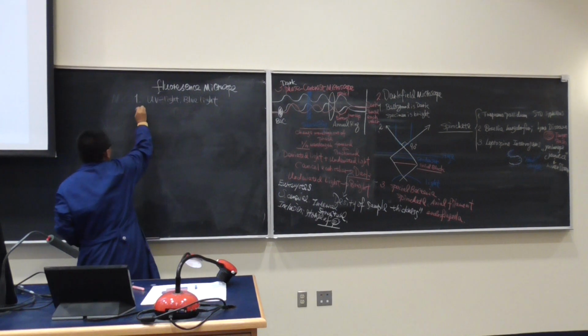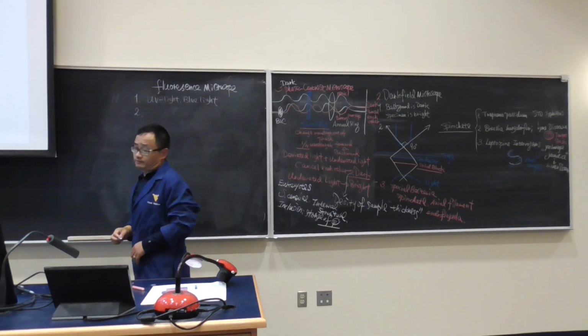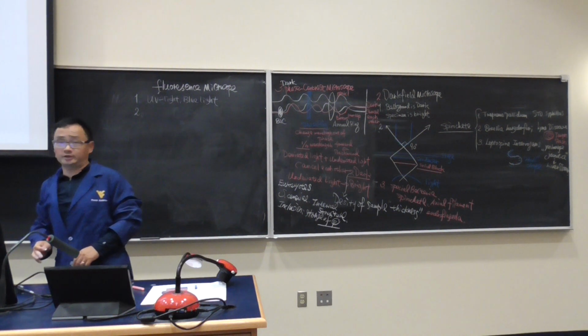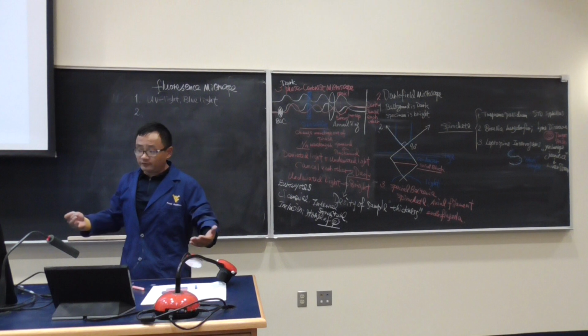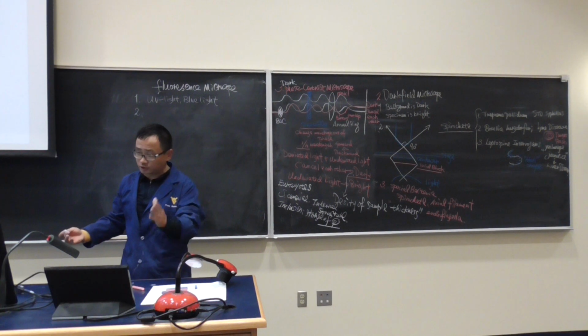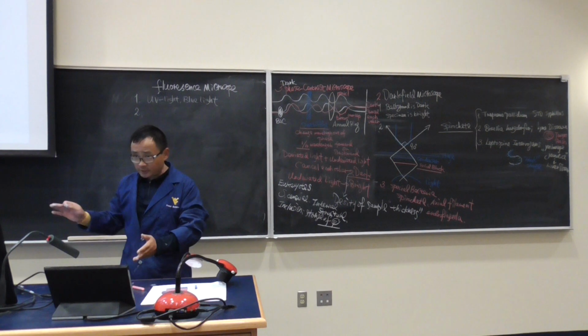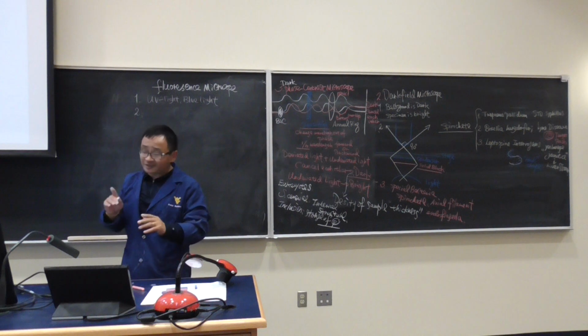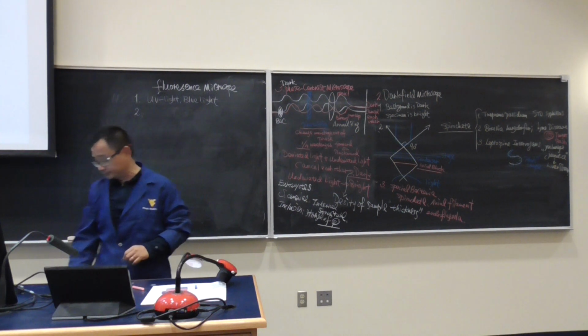This is the first thing. Second thing, the structure looks a little bit complicated. You have a short wavelength, you have a long wavelength. When they go through this blocker, which we call a mirror, some will be reflected, some will pass through.